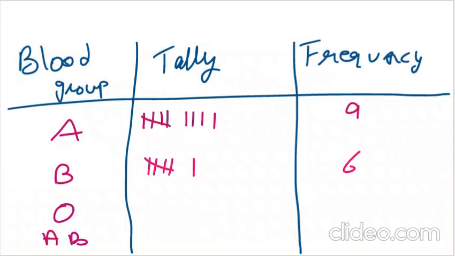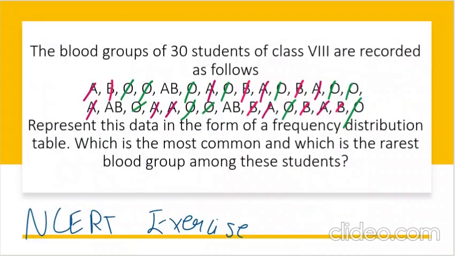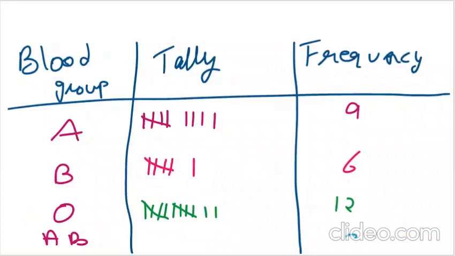So this is 12. Next one, the last one, is AB. AB is how many? 1, 2 and 3. Only 3 are there.